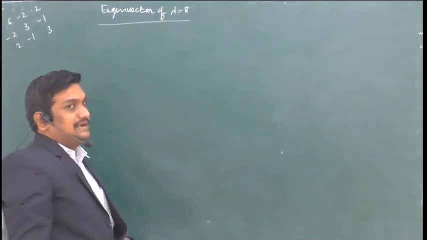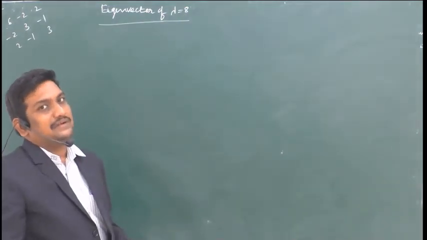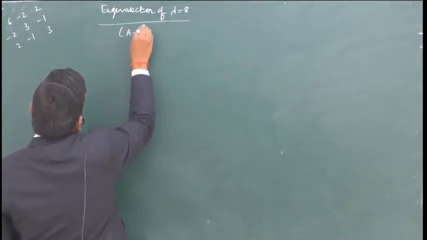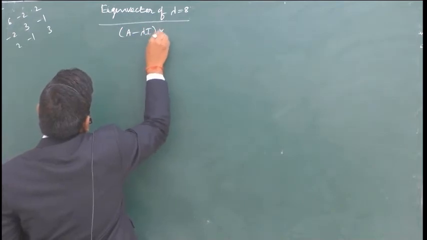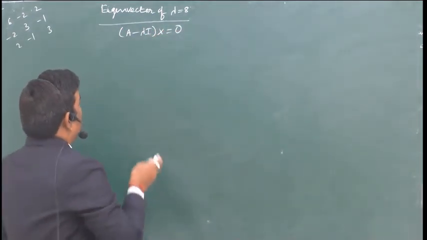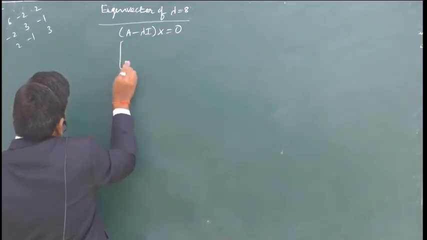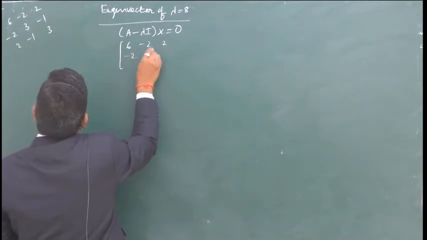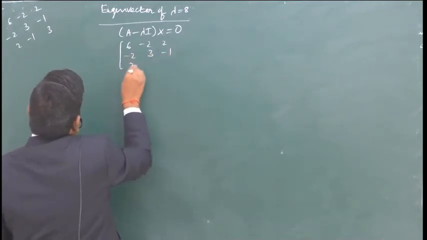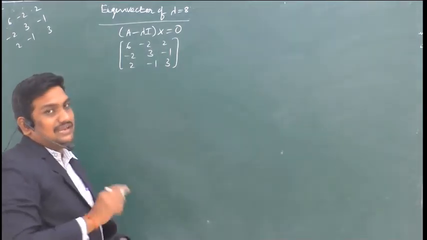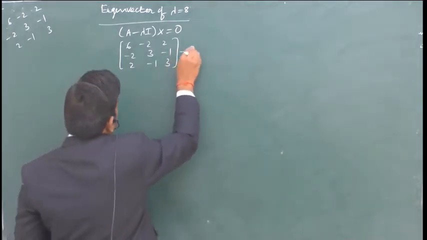Remember that the eigenvector is a non-null matrix, capital X, satisfying the equation (A minus lambda I) into capital X equals to null matrix. Here A is the given matrix, that is 6 minus 2 2, minus 2 3 minus 1, 2 minus 1 3. Lambda is the eigenvalue, here the eigenvalue is 8.